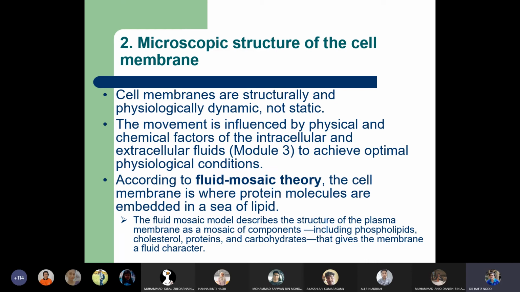And based on the fluid mosaic theory, the cell membrane has protein molecules embedded in the lipid bilayer. So we look at the cell membrane structure.